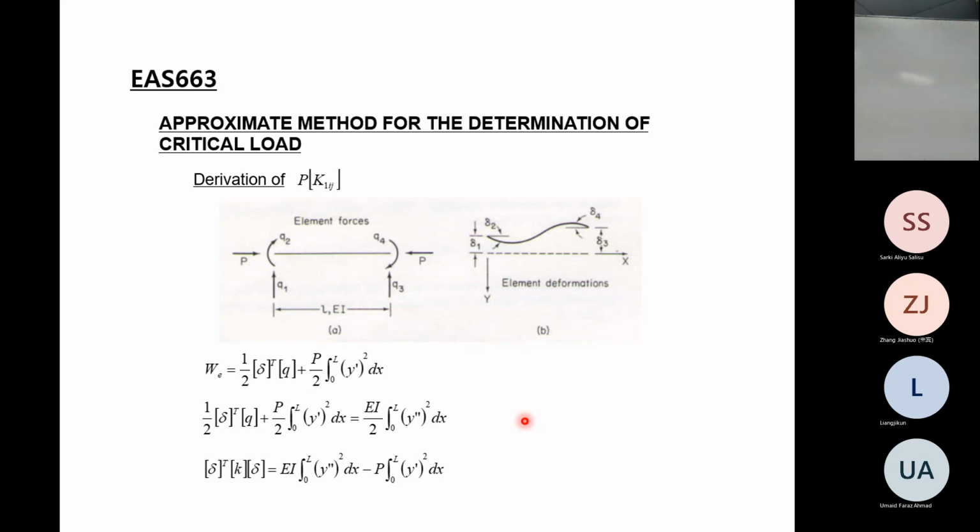Once we get Y in terms of the end displacements, we differentiate that to get this, and differentiate 2 times to get this. Then we can do the integrations, and change this right-hand side into something like this. Next time I'm going to show you how this delta will appear on this side here.